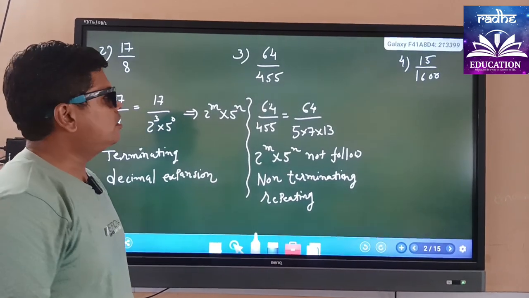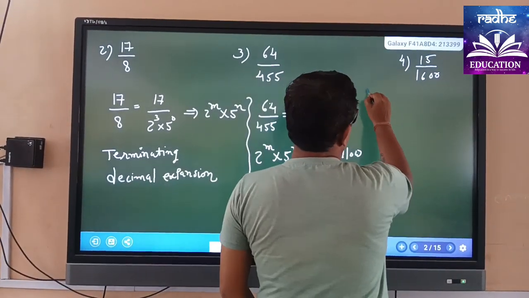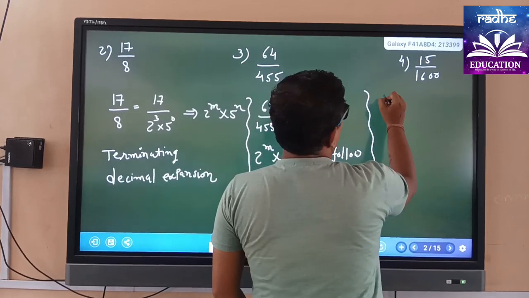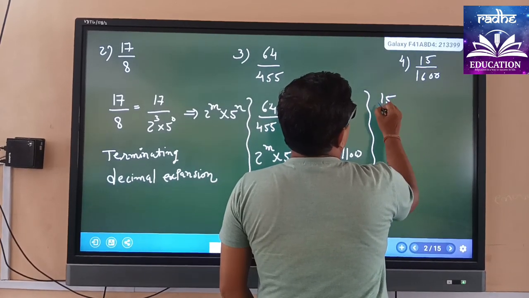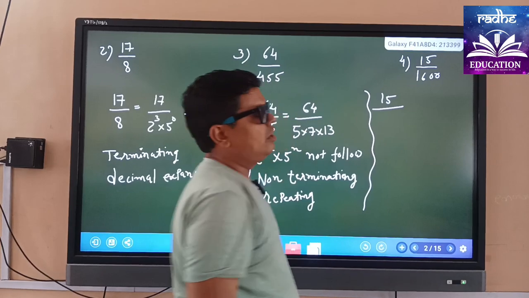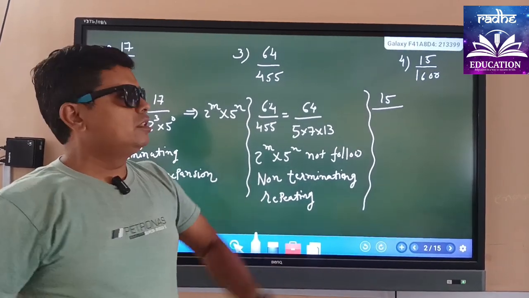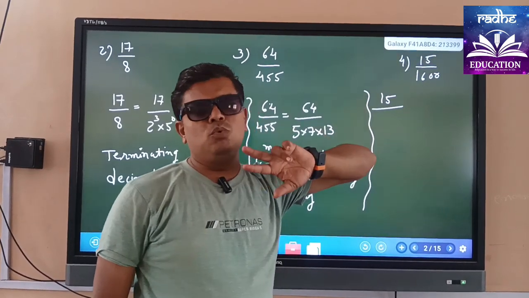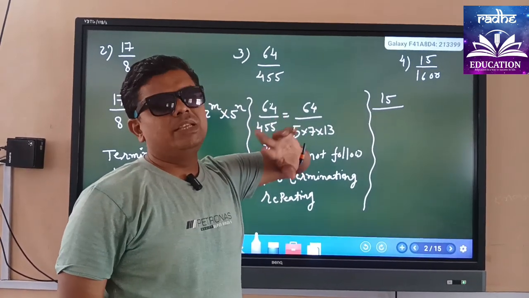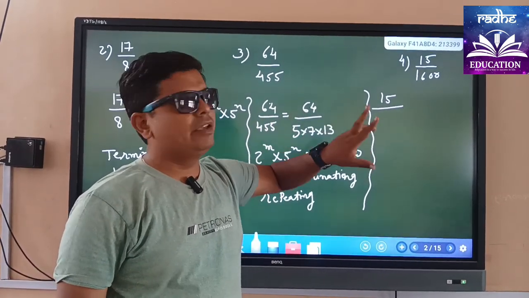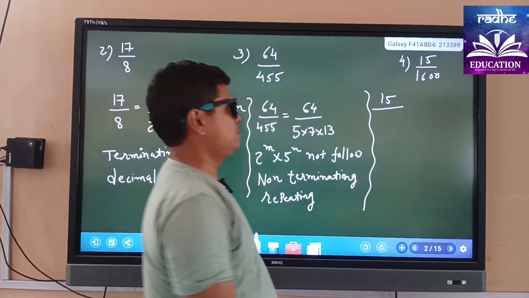I hope you understand. We have another number, that is 15 divided by 1600. Again, can it be represented as 2 raised to m into 5 raised to n? If this 1600 has only the factors 2 and 5, then it is a terminating decimal expansion.